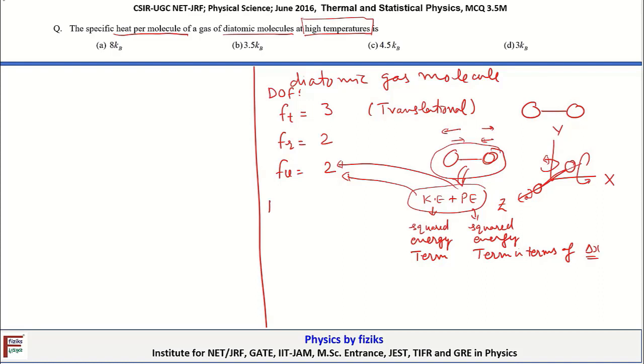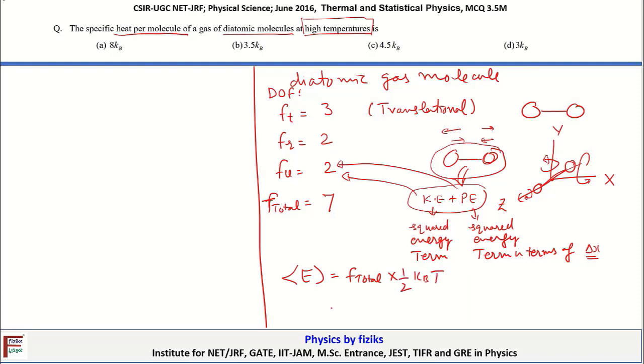So therefore f total is equal to 7, and the average energy per molecule will be the degrees of freedom multiplied by the average contribution from each degree of freedom.